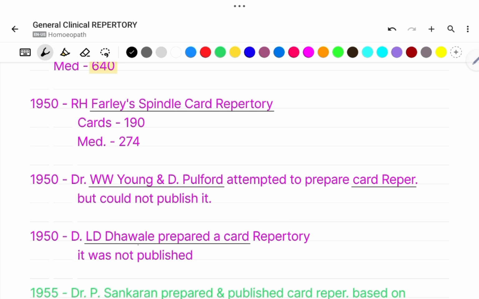So, Dr. W. Young's repertory and Dr. L.D. Dhavle repertories were not published. These two repertories were not published. And R.H. Farley's have total number of 190 cards and total number of medicines 274. So we have seen that three card repertories came in the year 1950. R.H. Farley's, Dr. W. Young and Dr. L.D. Dhavle.